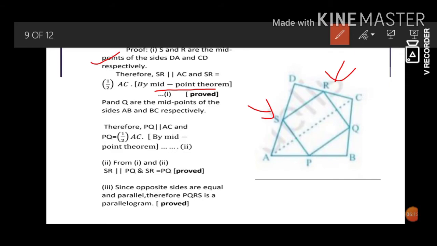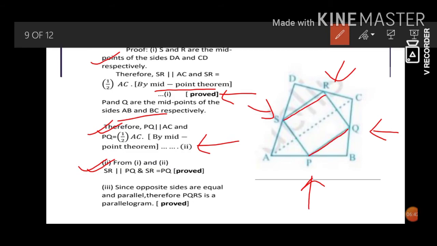Now to prove the second part, P and Q are the midpoints given in the question, which are the midpoints of the sides AB and BC respectively. Again using the midpoint theorem we can write PQ is parallel to AC and half of AC. So from relation 1 and relation 2, we can write SR and PQ are parallel to each other as well as equal to each other. So our second part of the proof is done.